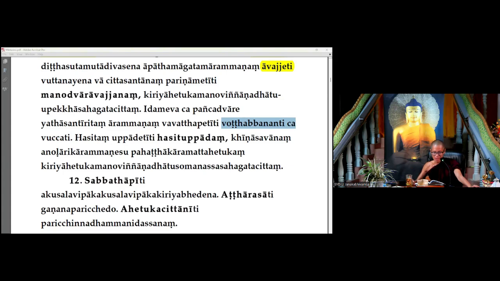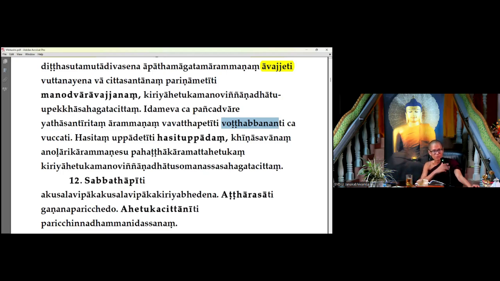Only this mind is also called votthabbana. So votthabbana is the same as manodwara avajjana. Manodwara avajjana has another name, votthabbana. In the Panchadwara we use the name votthabbana, and in the Manodwara we use manodwara avajjana, because of different place.